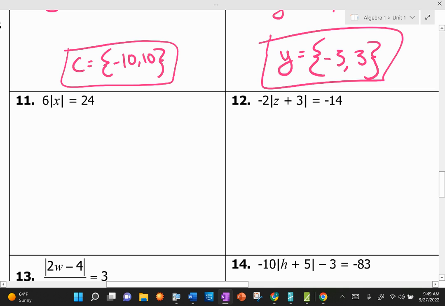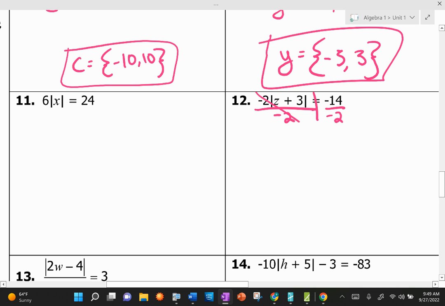The way that you need to look at absolute value symbols is as if they are parentheses. Mathematically, that's how they're being applied. So this -2 is doing what to the absolute value symbol? It's being multiplied. So to get rid of it, we're going to divide the entire left side by -2, and then divide the entire right side by -2.